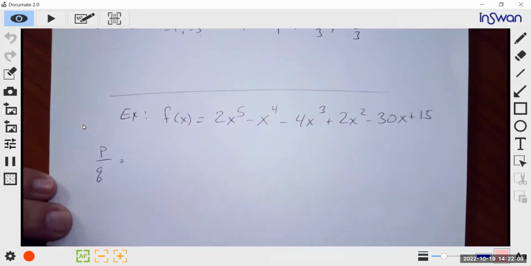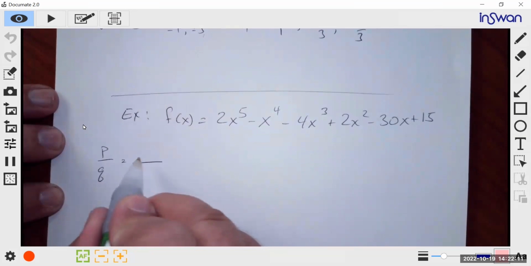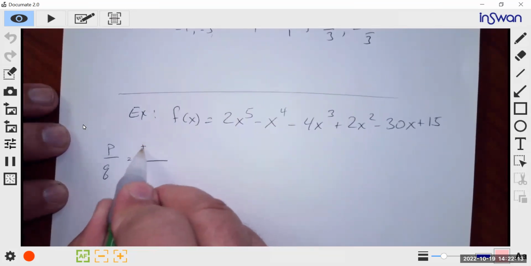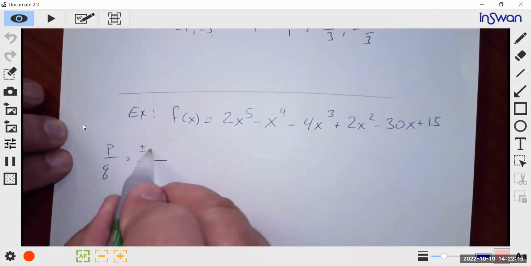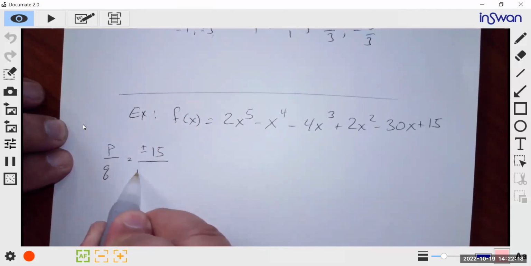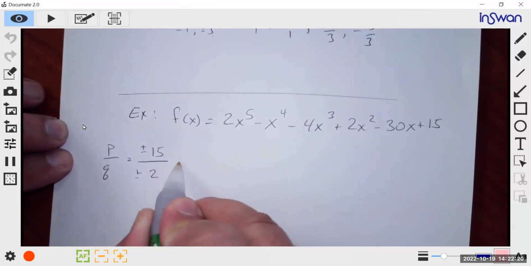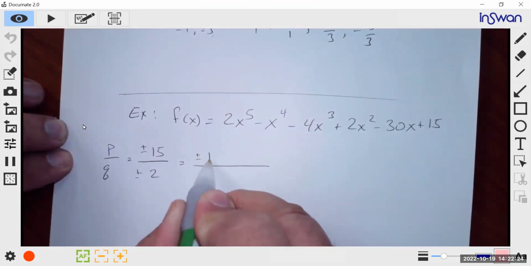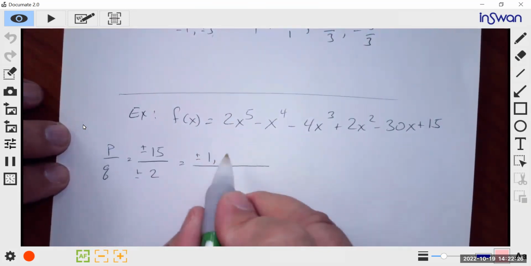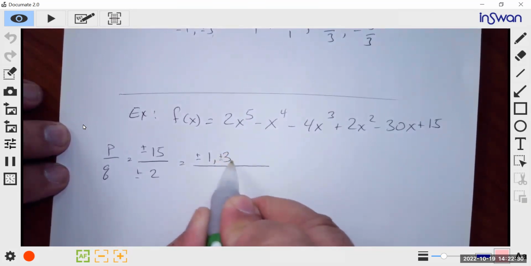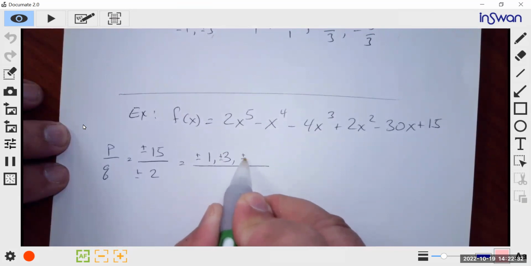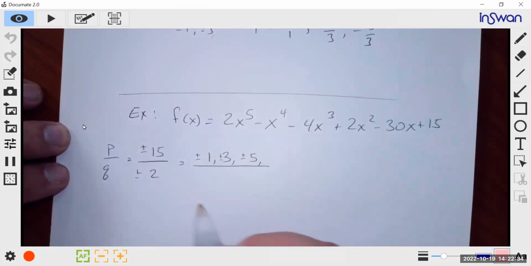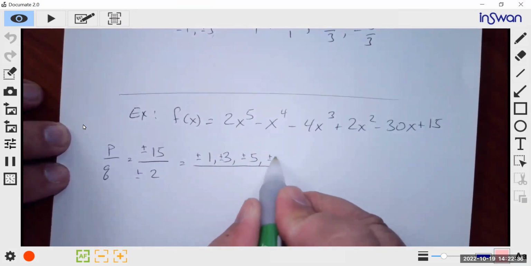P over Q. What's P? And what's Q? So the possible factors of 15. 3 times 5 is 15. 1 times 15.